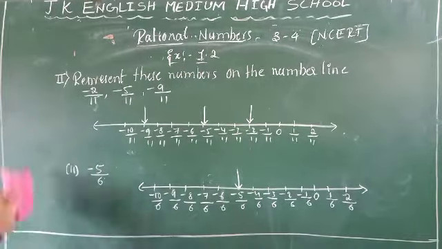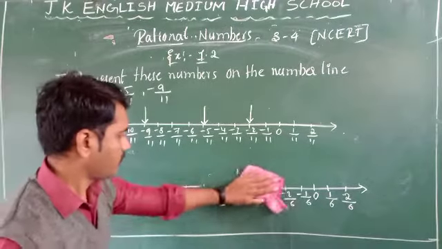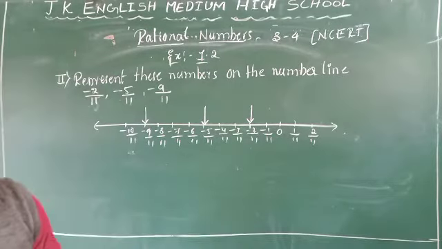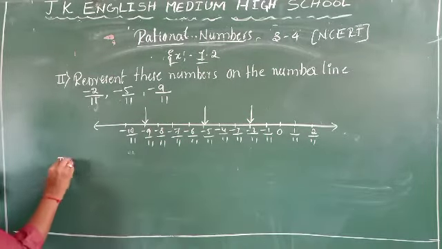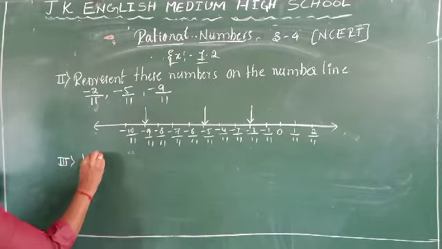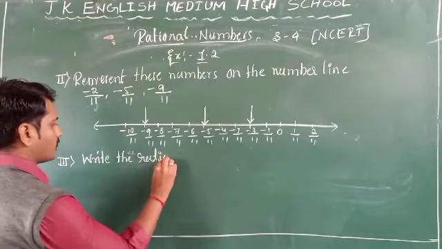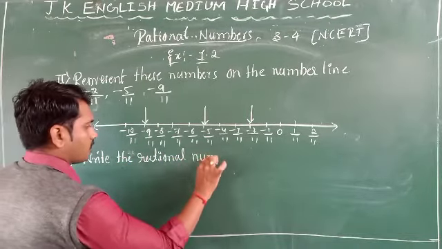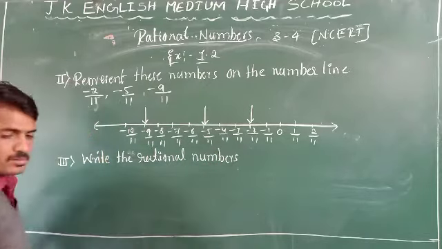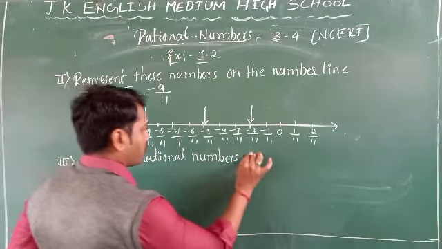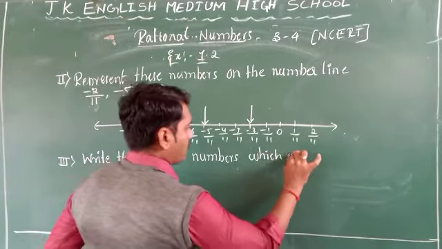Now write down the third main. The third main: write the rational numbers which are smaller than 2.